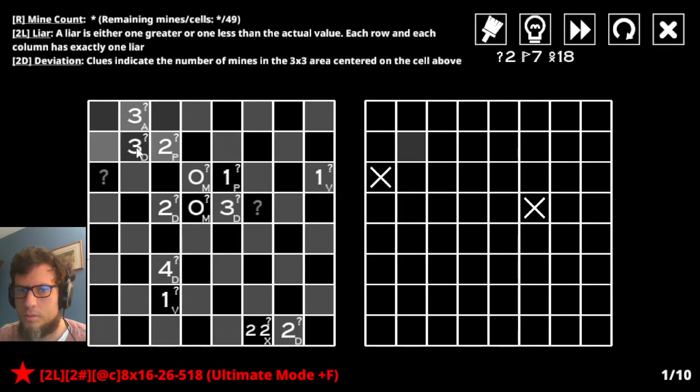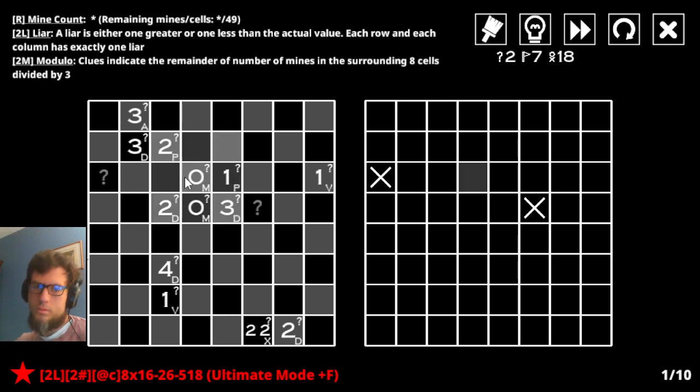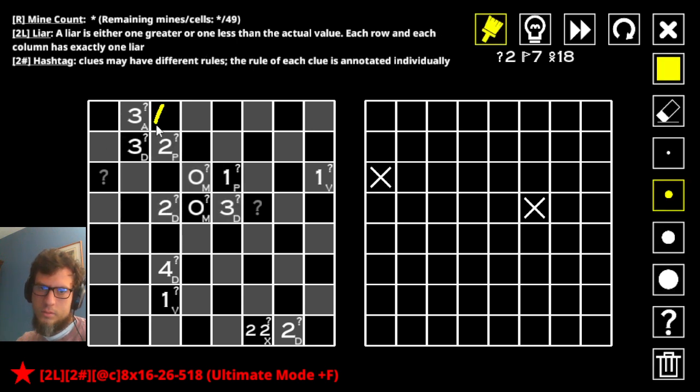3 area, 3 deviation. Okay, so if these are both honest, then that locks all that. This is 2 product, which it could be lying though. Okay, so this thing is lying.